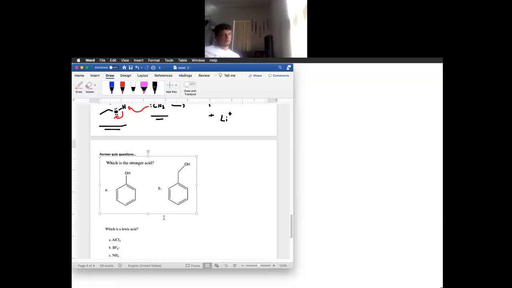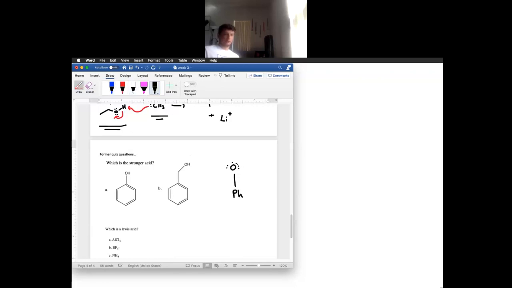Okay, now do you guys know the reason for that? Yeah, it's directly attached to the ring, and so if you were to do its conjugate base, it is simply this with the ring, right?